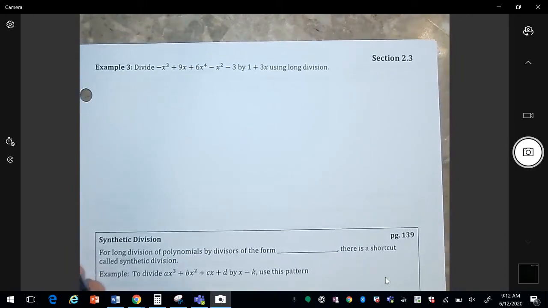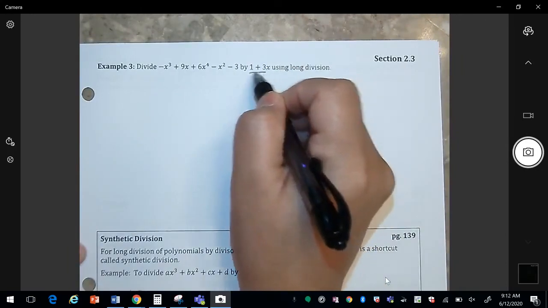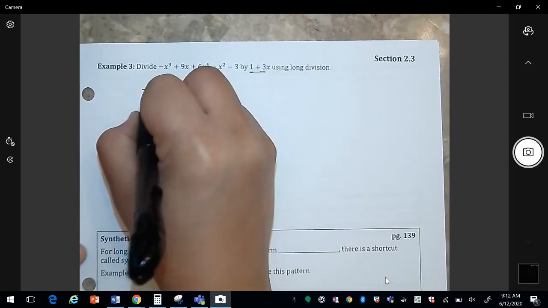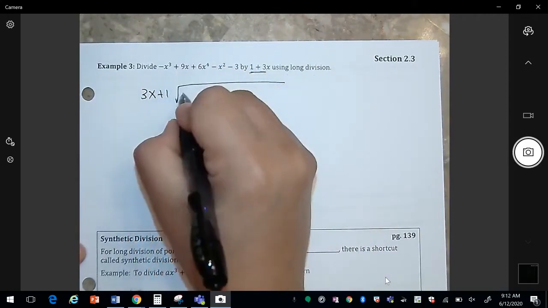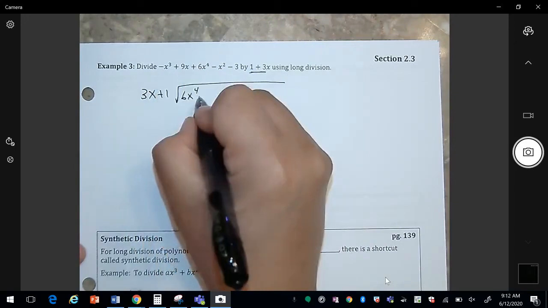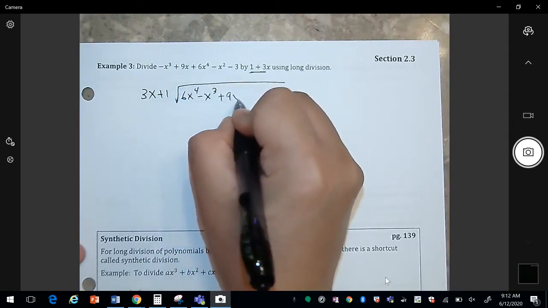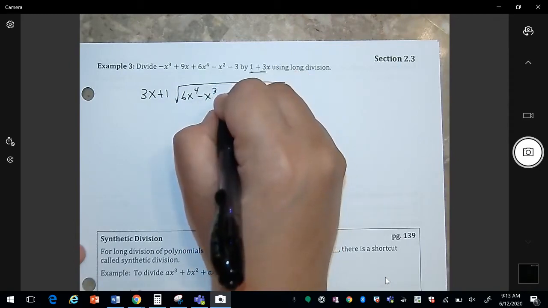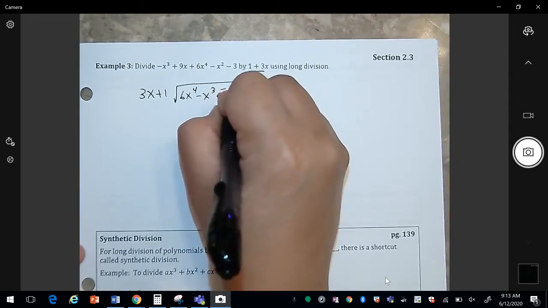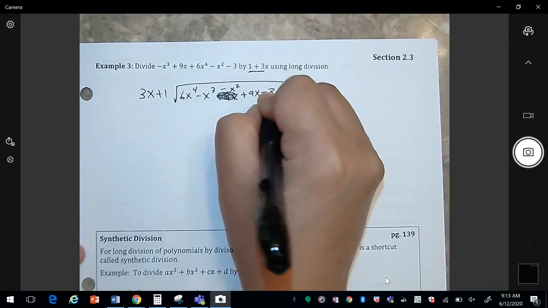And let's divide one more. First, we need to write these in descending order. My divisor here is 3x plus 1, and then we have 6x to the 4th minus x cubed, and actually x squared here, minus x squared plus 9x minus 3.